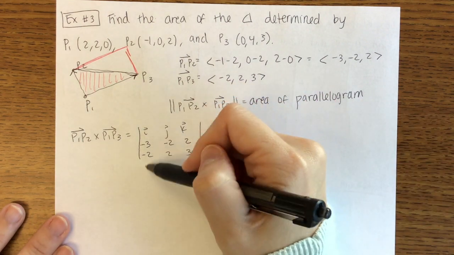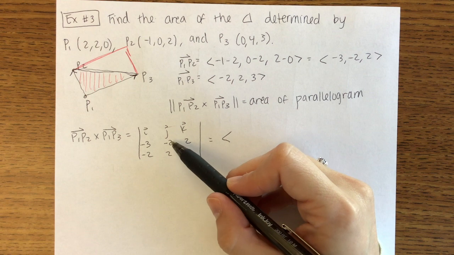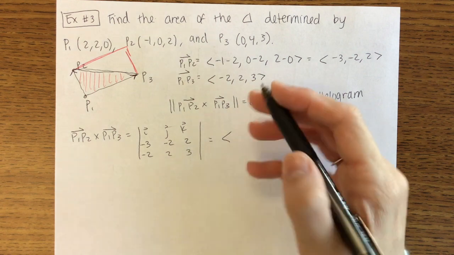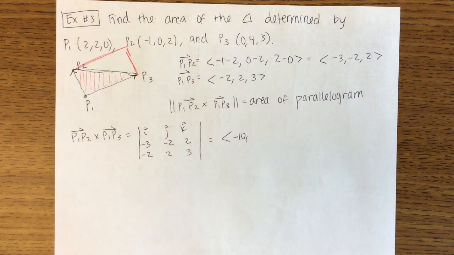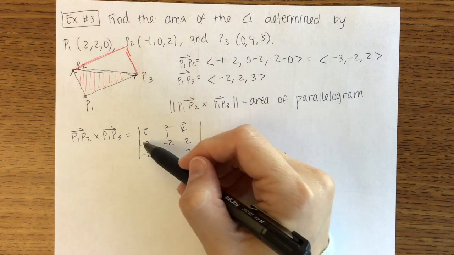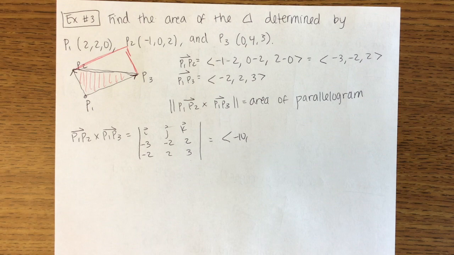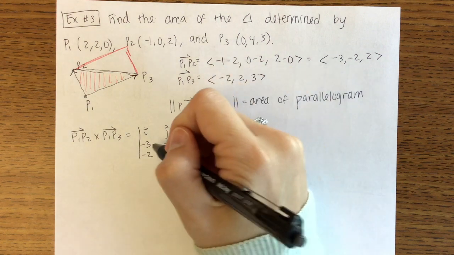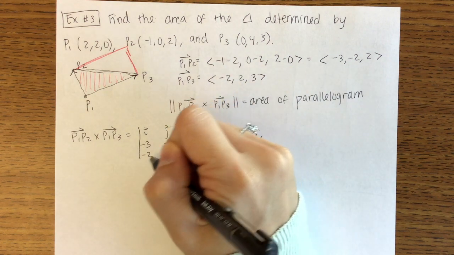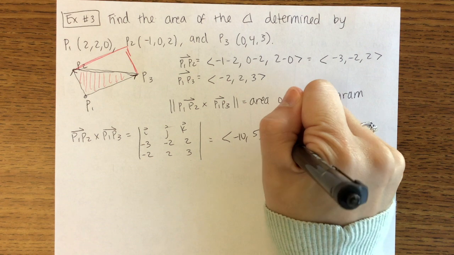Okay, so if I look at my I end up with -6 subtract 4, which will be -10. If I look at my J, I get -9 subtract -4, which would give me -5. But you have to remember with the J, you're flipping the sign, so +5. With our K, we get -6 subtract 4, so -10.